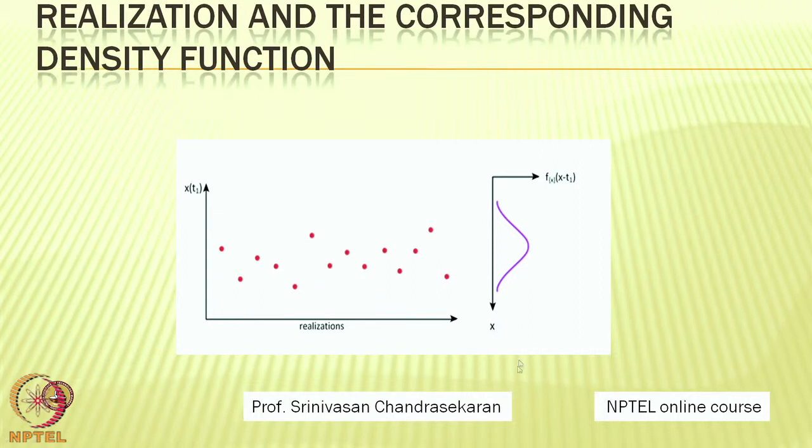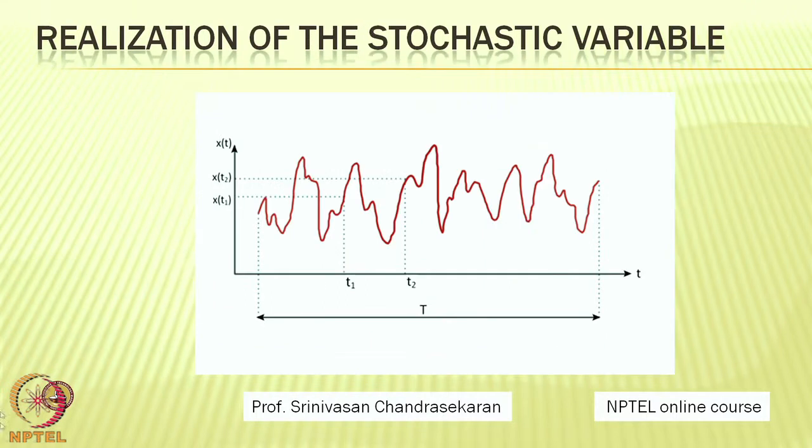Please pay attention to the figure shown on the screen again. The figure shows a realization and the corresponding probability density function of a specific variable. Now, from the picture of the last screen, let us pick up one variable, which is x t 1.